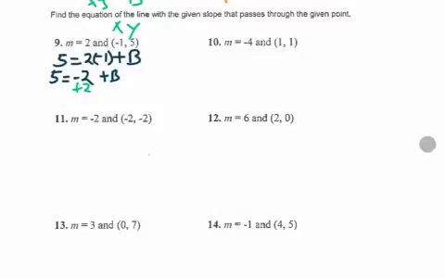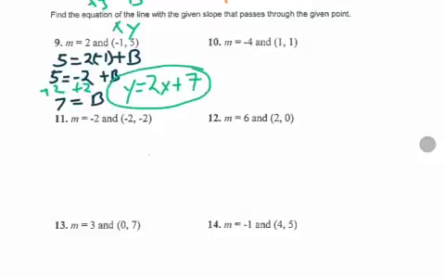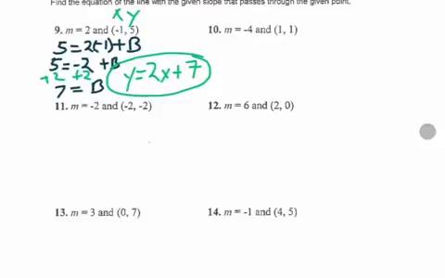Here I'm going to add 2, 7 equals b. I have a slope, I have a b. I can write my equation, y equals 2x plus 7. Okay, so go ahead and try these problems on this page, and check your answers again with the answer key. Moving on to the next page.